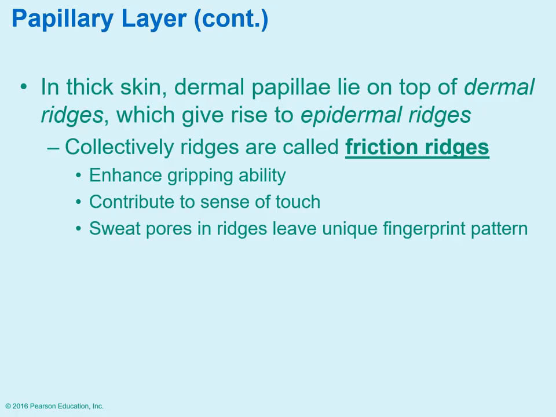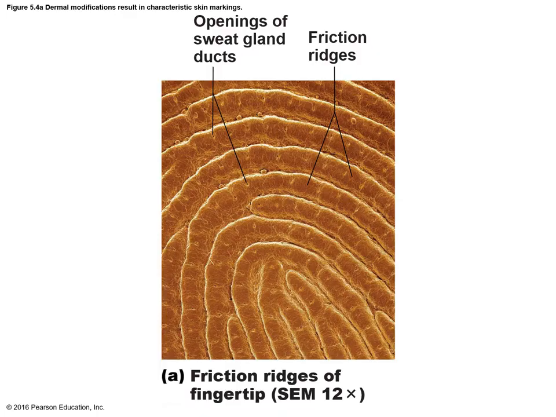It does leave these unique fingerprint patterns, which are genetically determined, and they are unique, obviously, to each individual. So this is just showing the fingerprints here. Okay, to a science nerd like me, it's like, oh, isn't that really cool? You can see the pore openings for the sweat glands.